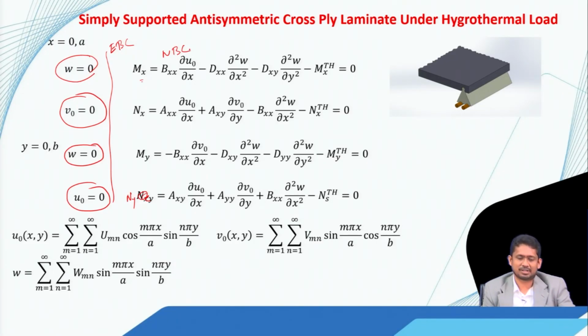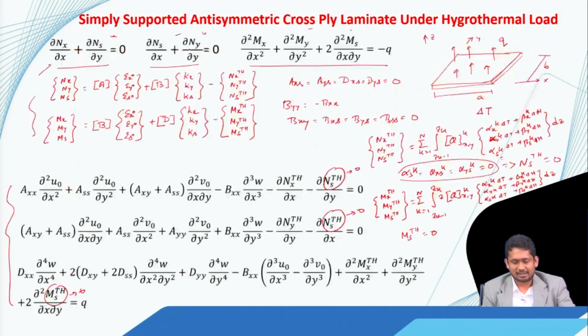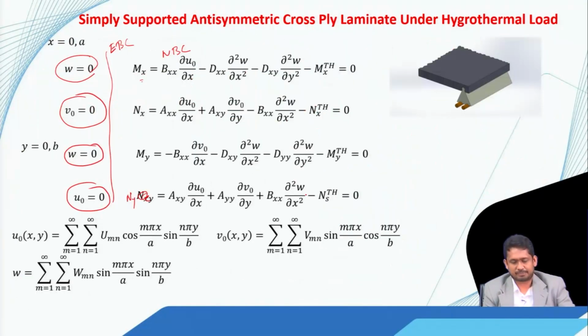It should satisfy both the essential and natural boundary conditions, and also the assumption should be such that I have a common trigonometric term coming out from each equation. So, U0 is assumed as the summation of m going from 1 to infinity, n going from 1 to infinity, capital Umn, which is unknown in the problem, into cosine m pi x by a sin n pi y by b.